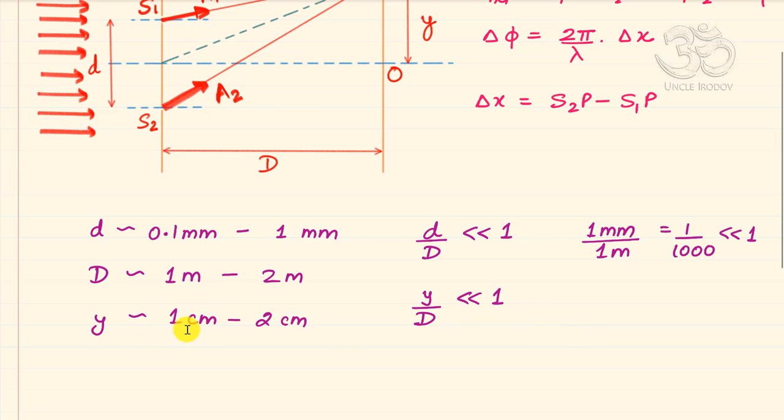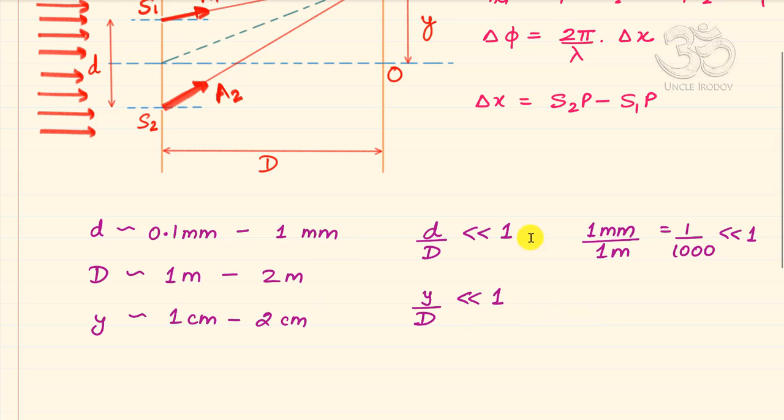I take 1 centimeter and 1 meter, there is a 1 by 100 factor. Even if I take the largest value here, probably 2 centimeters, and the smallest one there, 1 meter, I will still get around 1 by 50, which is much smaller than 1. It classifies as much smaller than 1. 1 by 50 is roughly 2%, and that's fine.